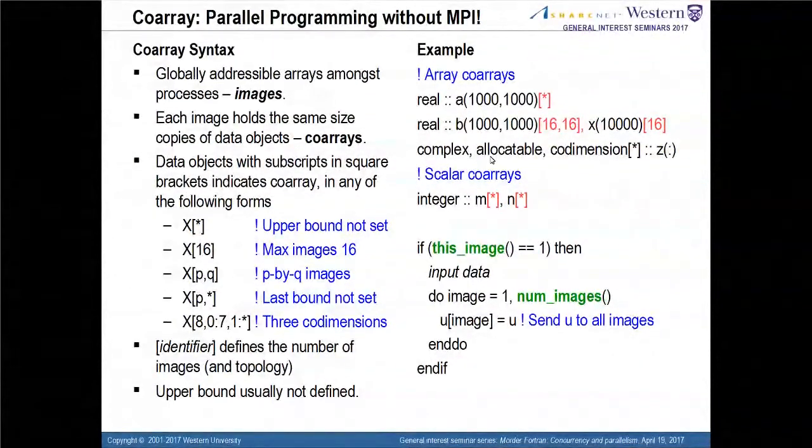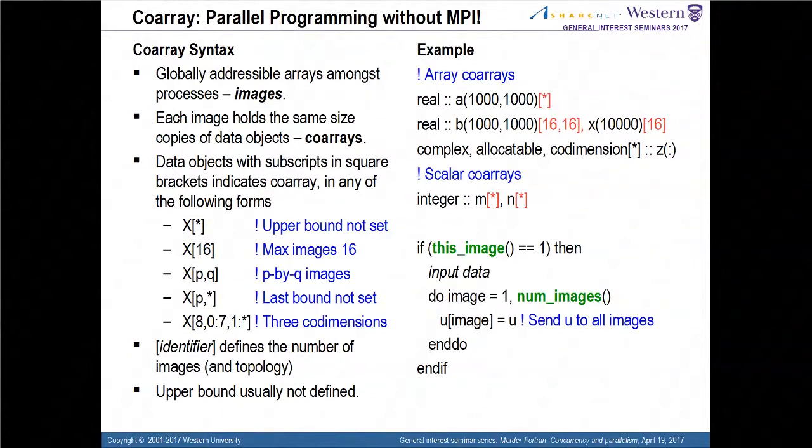Now, in this example, on the right-hand side, we declared some variables, array variables, and single variables. First, array variables, a two-dimensional variable A, followed by square brackets. This is one way of declaring a coarray object, with a star, which tells the compiler we don't have to define the size of the coarray. The coarray is different from the array itself.